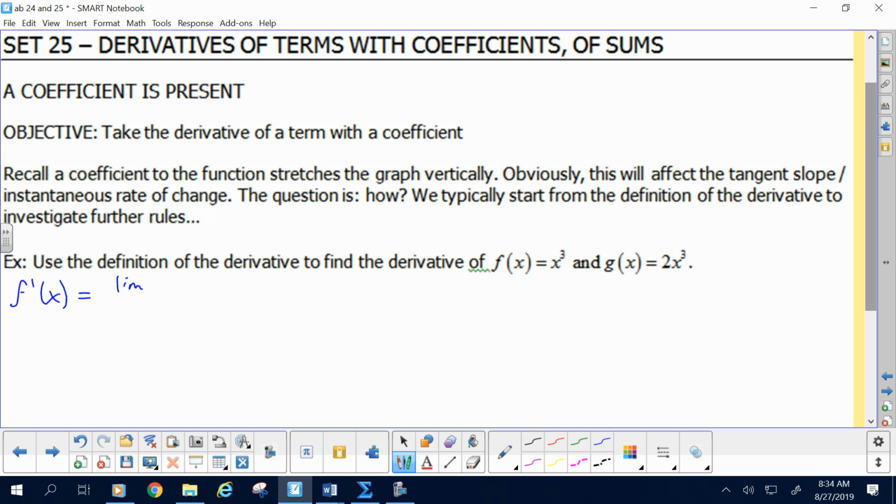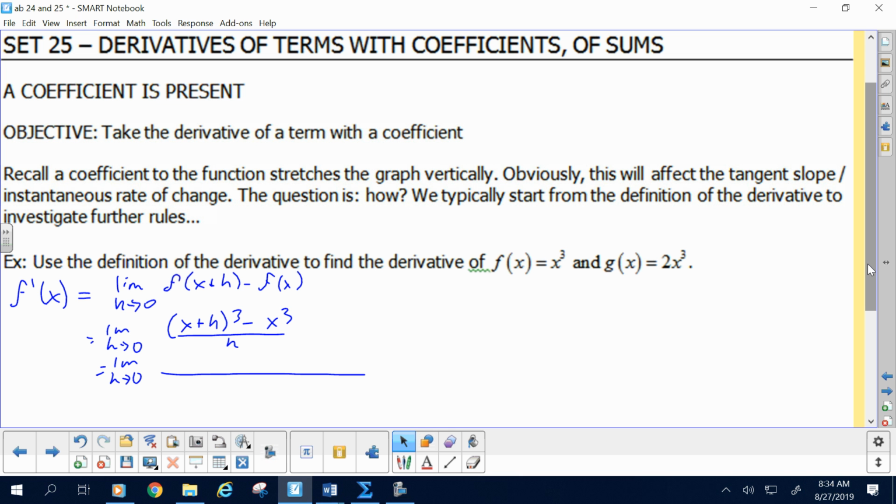You can go whatever you want. Get done with f prime, then do g prime off to the side.